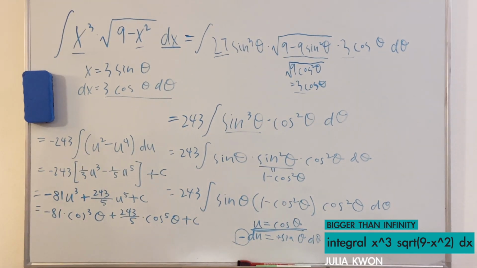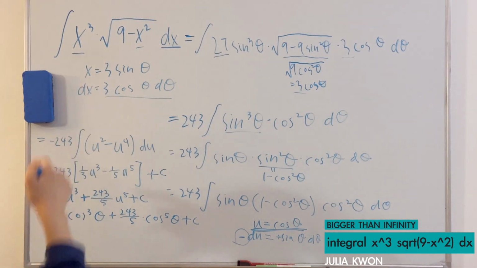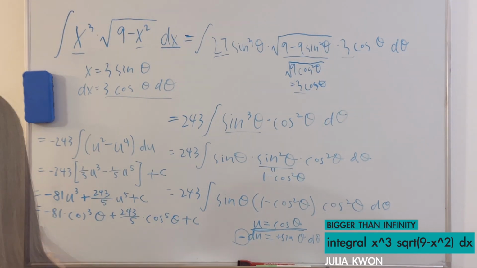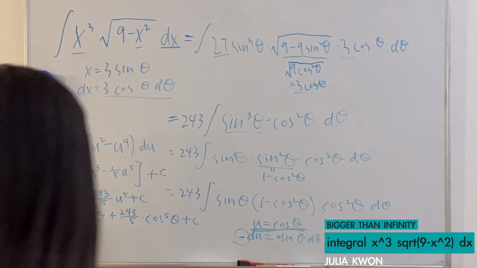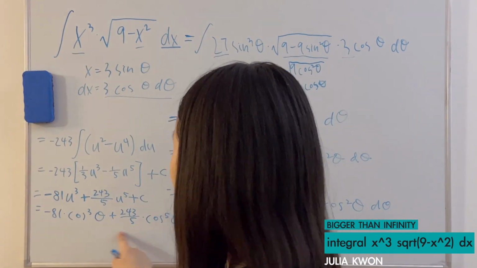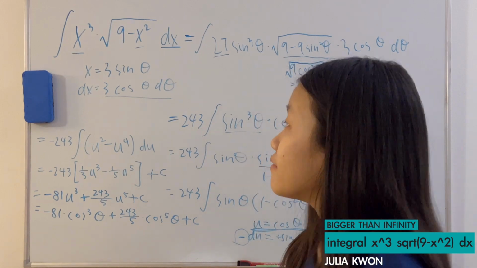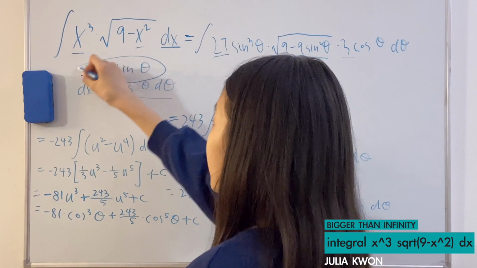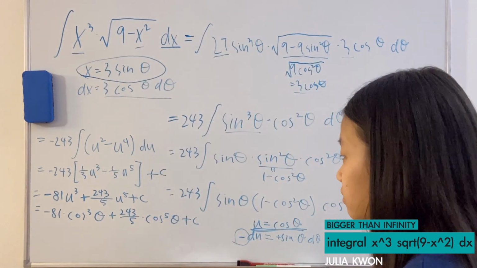But we have to change our answer so that we would have it in terms of x. The way we're going to do that is by using this: x is equal to 3 times sine theta.